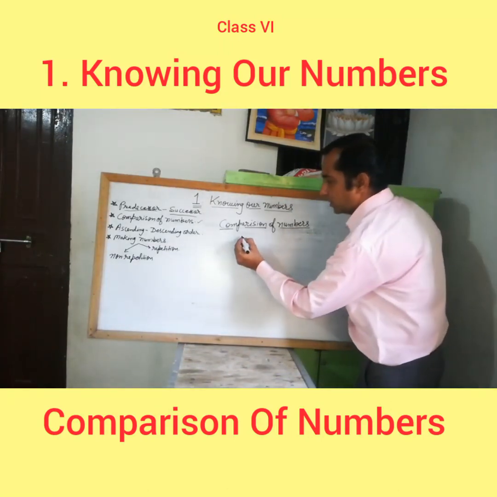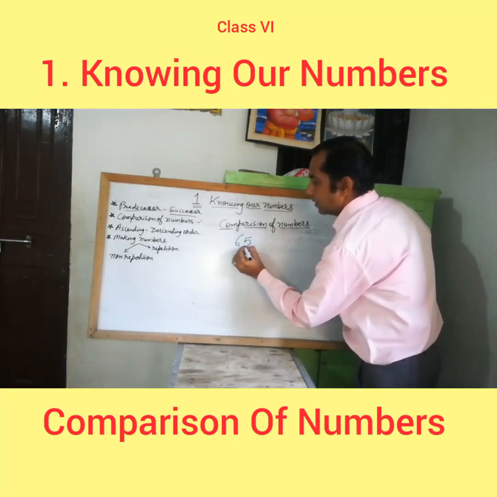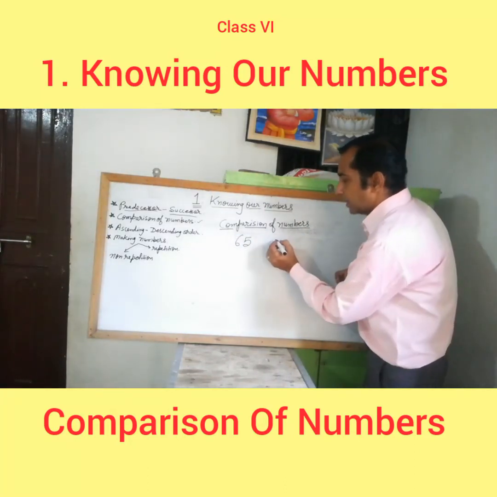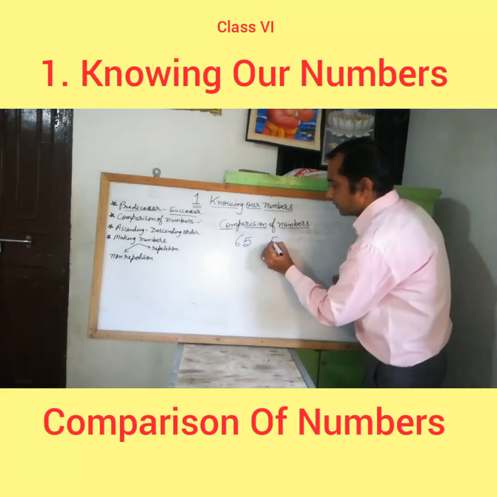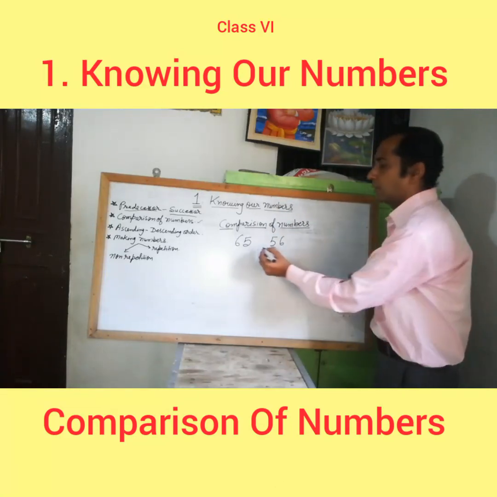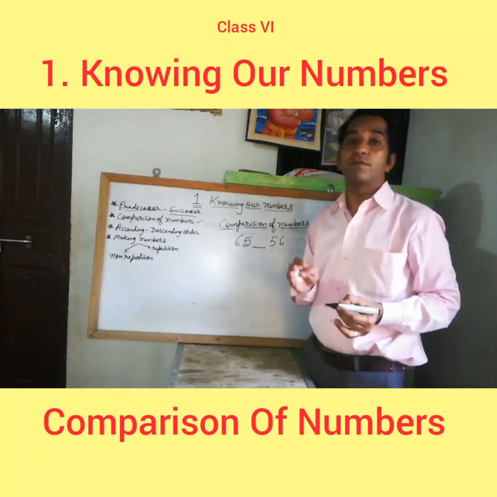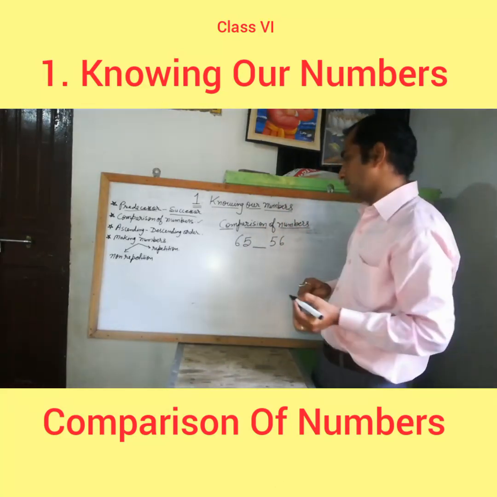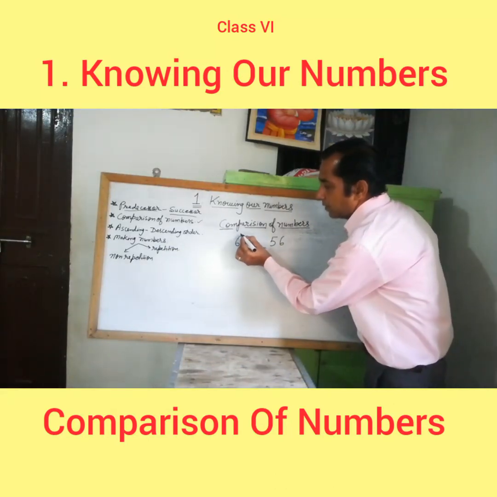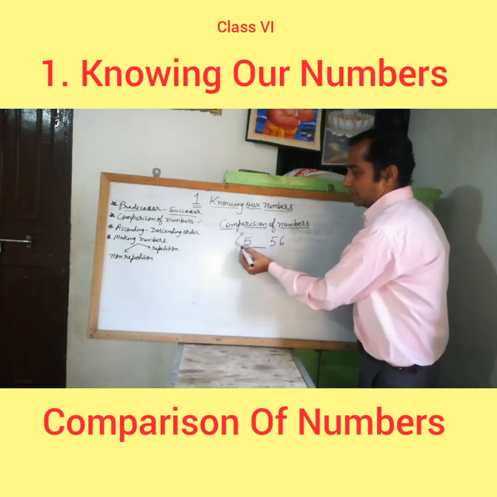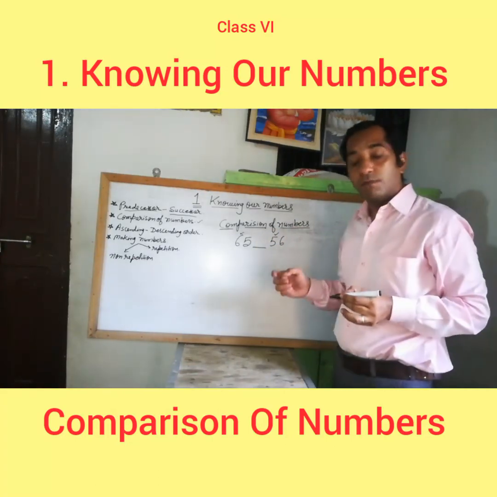Suppose we take an example, 65 and another number, 56. Now you have to find out which one is greater, which one is less. So first we take the first digits, 6 and 5. Why do we take this?